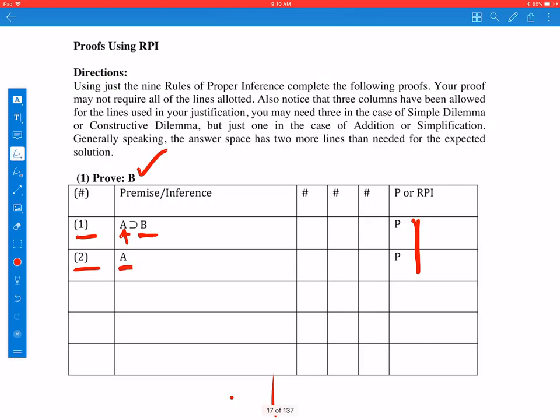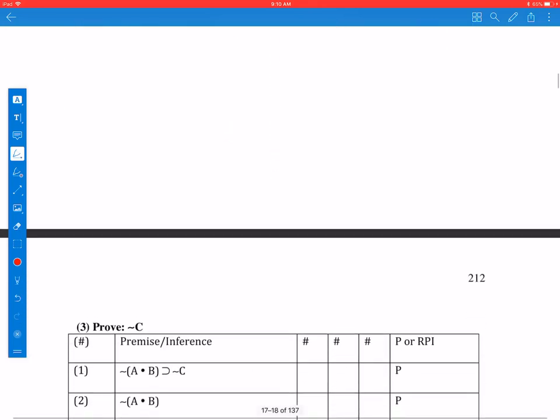And fortunately, there's an A on line 2, so this is just a one-step proof. We would say 3, B is true based on 1 and 2 and the rule modus ponens. And we're done. Okay, let's do another.